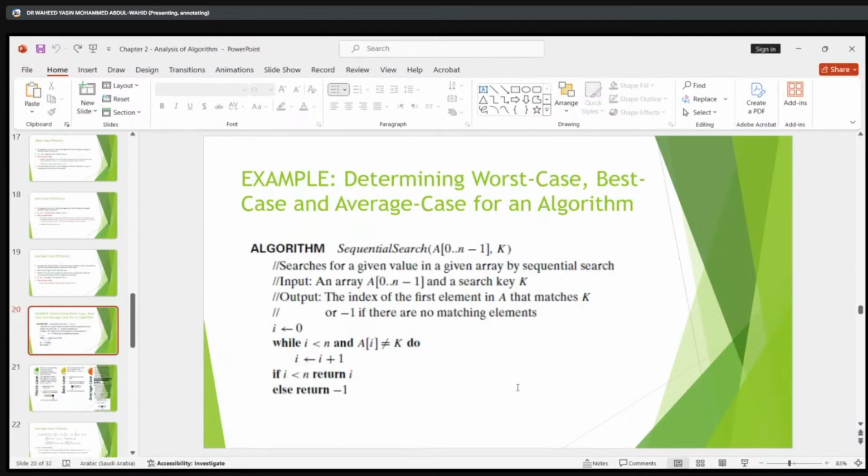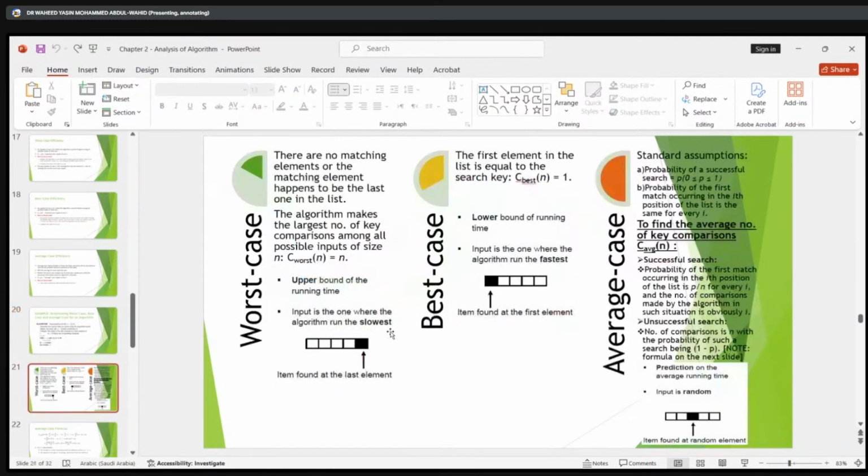Example: determining worst case, best case, and average case for the sequential search algorithm. Worst case: there is no matching element, or the matching element happens to be the last on the list. If the key is the last item, or it is not in the list, the algorithm makes the largest number of key comparisons among all possible inputs of size n.